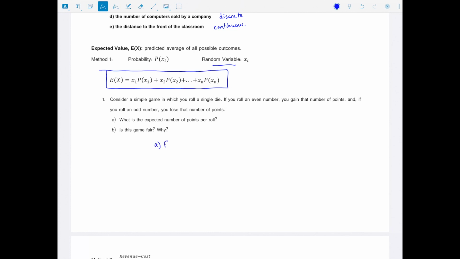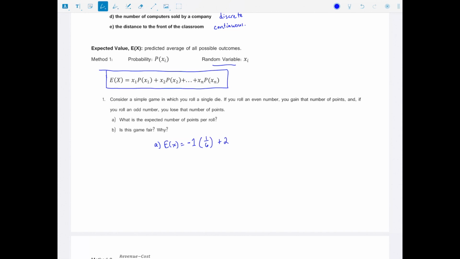So for A, we're going to put down this. The first thing I could roll is a 1, which has a value of -1 because you lose points for odd numbers. And then what's the probability of getting that side, the 1? Well, there's a 1 in 6 chance. Plus the probability of getting a 2.